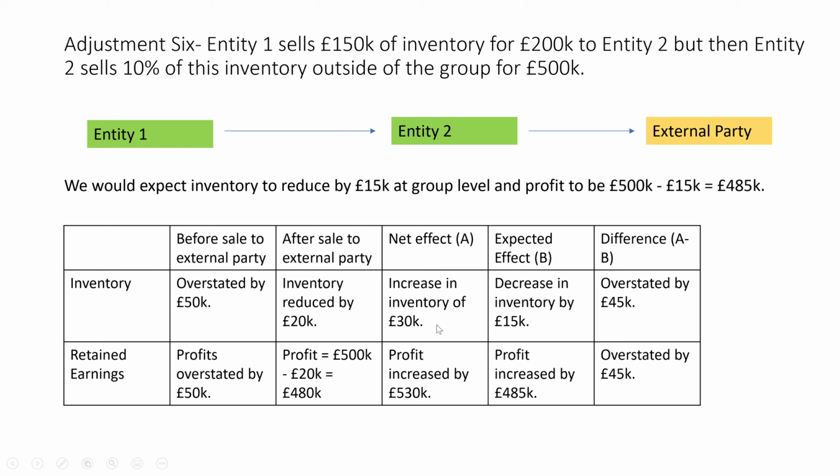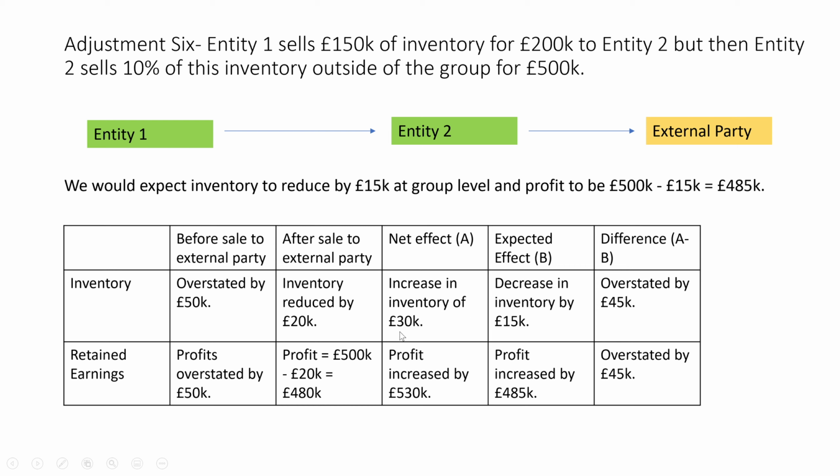Well, the net effect is an increase in inventory of 30k because it's 50k minus 20. Similarly, before we sold, our profits had increased by 50k. Now the profits have increased further by 480, so we've got an increase of profits by 530. And as you can see, we expected inventory to only reduce by 15, but we've actually got an increase in inventory.